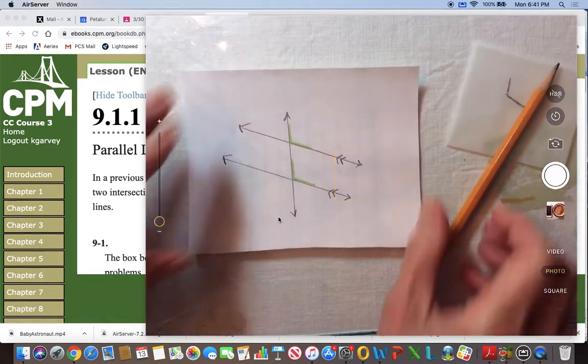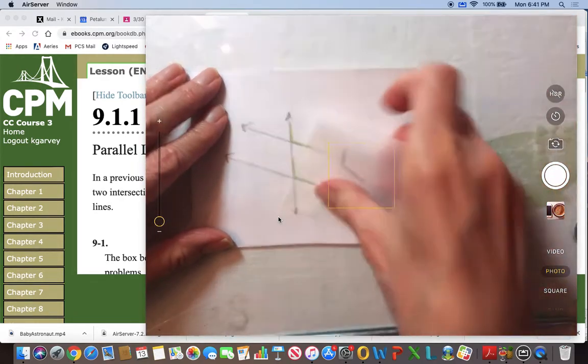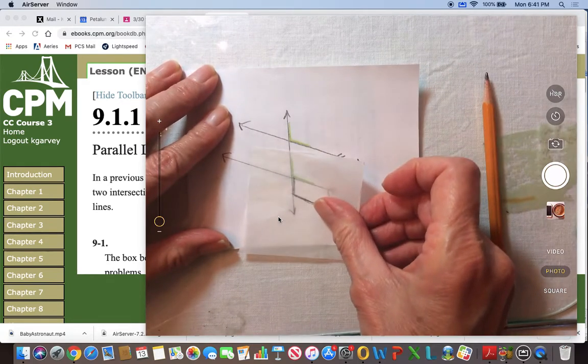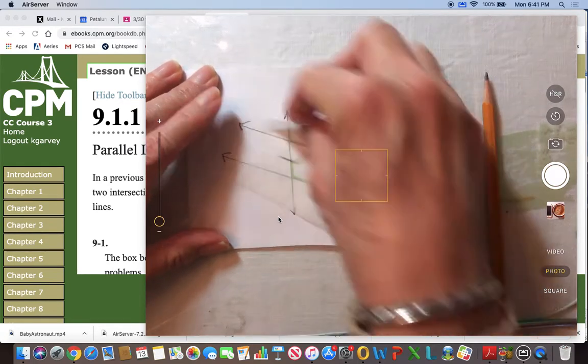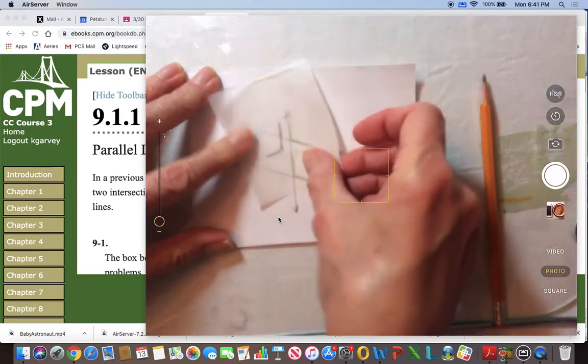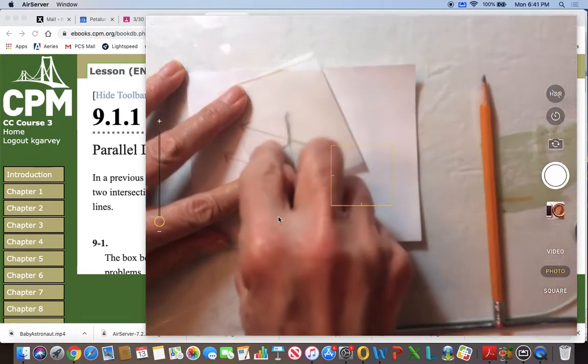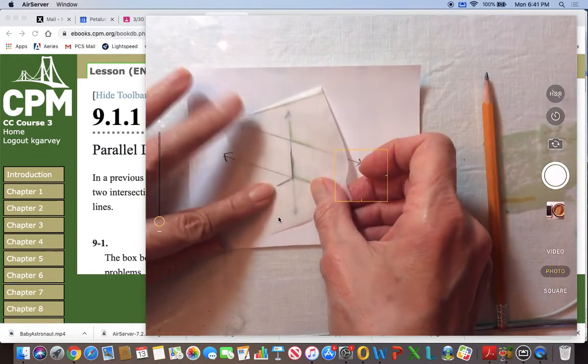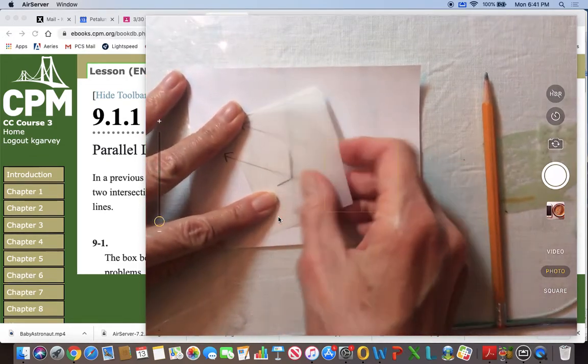All right, let's go looking for some others. Let's see, so no more on this side. So let's take a look on this side. Well, that angle isn't exactly the same, and neither is that one.